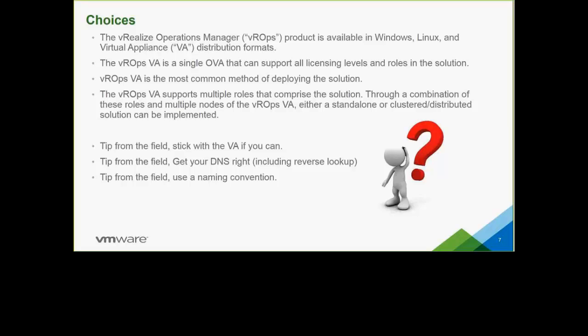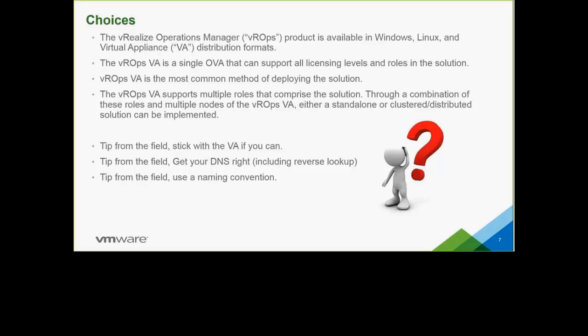If you can use the virtual appliance, please do. It's going to make your life a lot easier. That doesn't mean you can't use the other options, but the virtual appliance has been built in the way that you'd expect. Take, for instance, vCenter VCSA or other virtual appliances that you've come across.